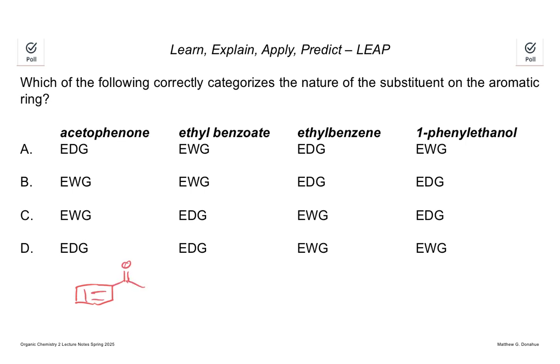So acetophenone is a ketone. Ethyl benzoate is an ester. Ethyl benzene is just an alkyl side chain.